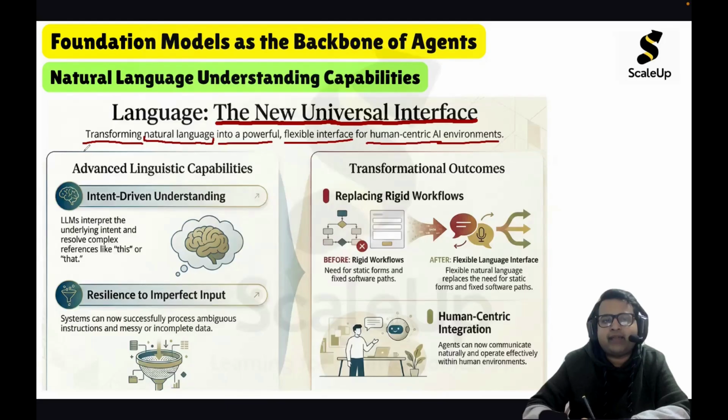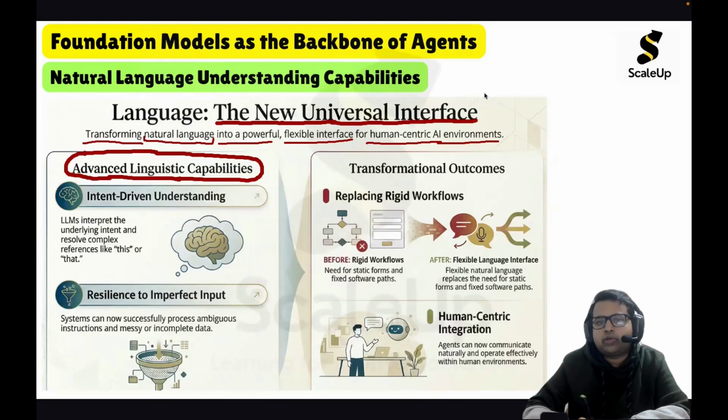And this you might have experienced also, like you have used ChatGPT, Google Gemini, there you have definitely experienced it. So now large language models can understand human intent. They can very easily understand the human intent. Large language models interpret the underlying intent and resolve complex references like this or that.